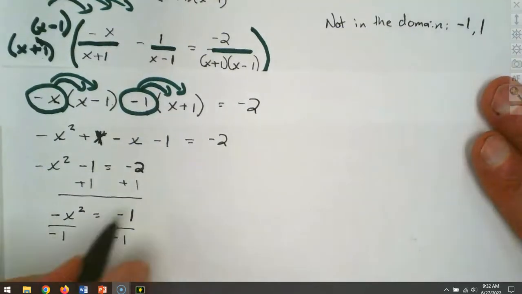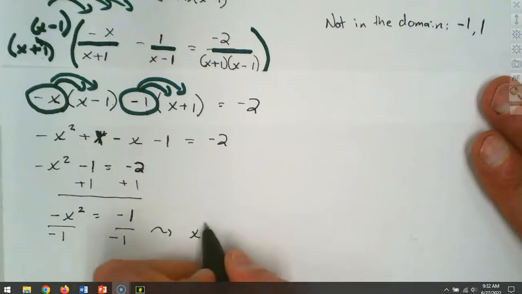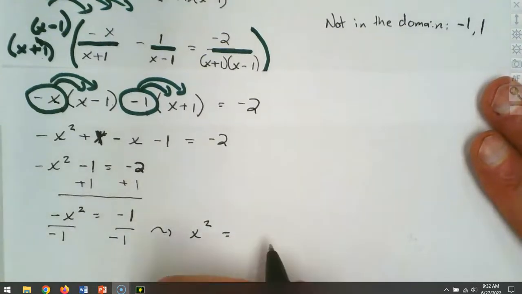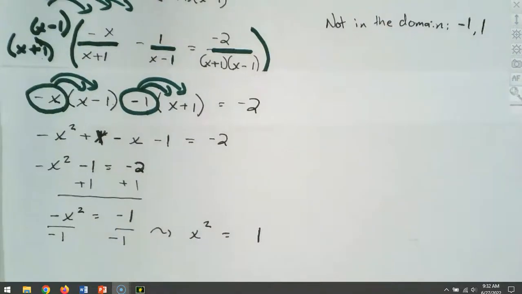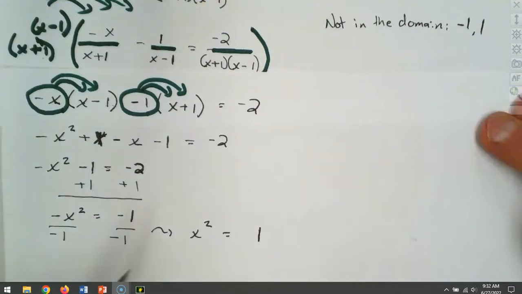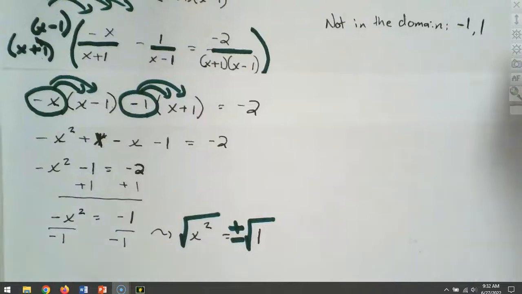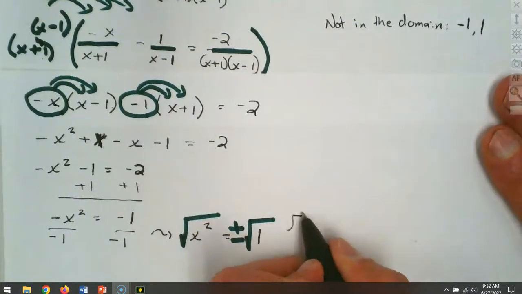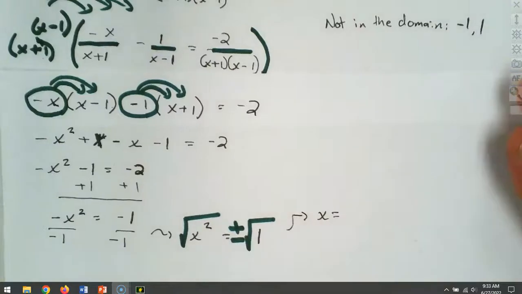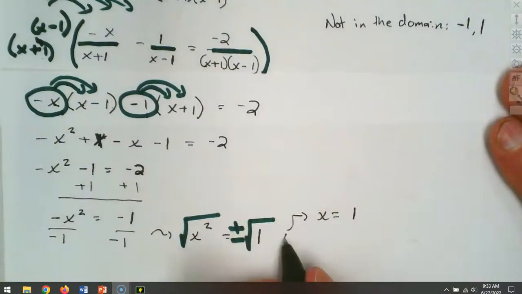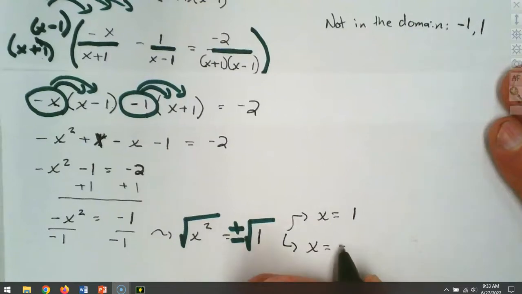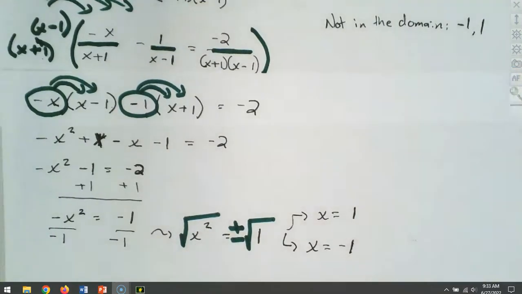We're going to do the same process here. That way we get our x squared by itself. A negative 1 divided by negative 1 is 1. And how do we get rid of a square? Square root again. Whenever we take a square root, we leave the plus or minus. And 1 is unique because the square root of 1 is 1. It's itself. So we actually have x equals 1 and x equals minus 1 for our possible answers.